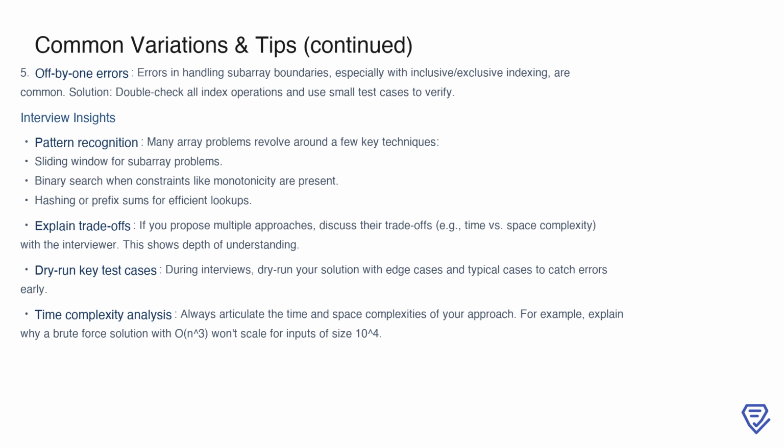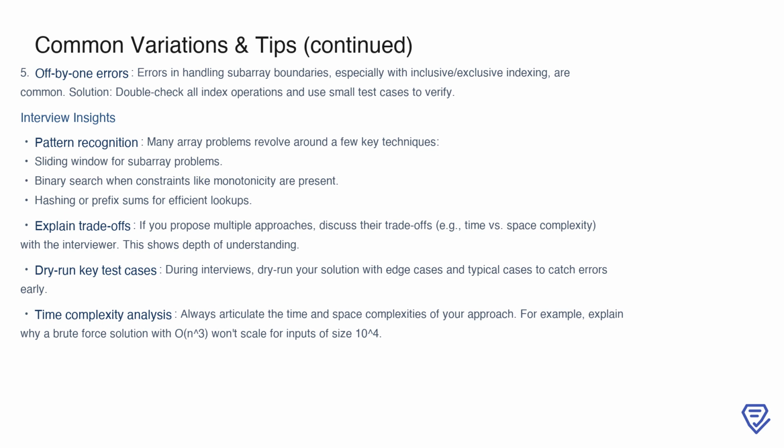From an interview perspective, it's important to recognize recurring patterns in array problems. For example, sliding windows are often used for subarray problems, binary search is effective when monotonicity is involved, and hashing or prefix sums are great for efficient lookups. When discussing your solution, always explain the trade-offs between different approaches, such as the balance between time and space complexity.